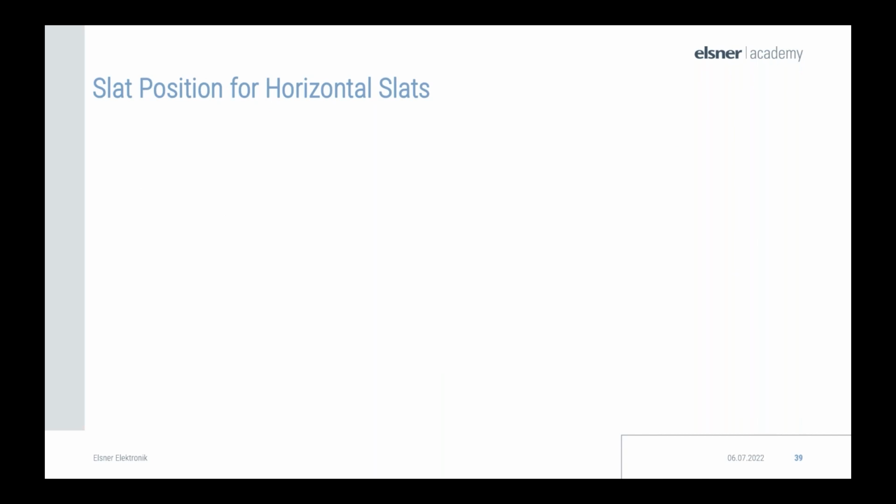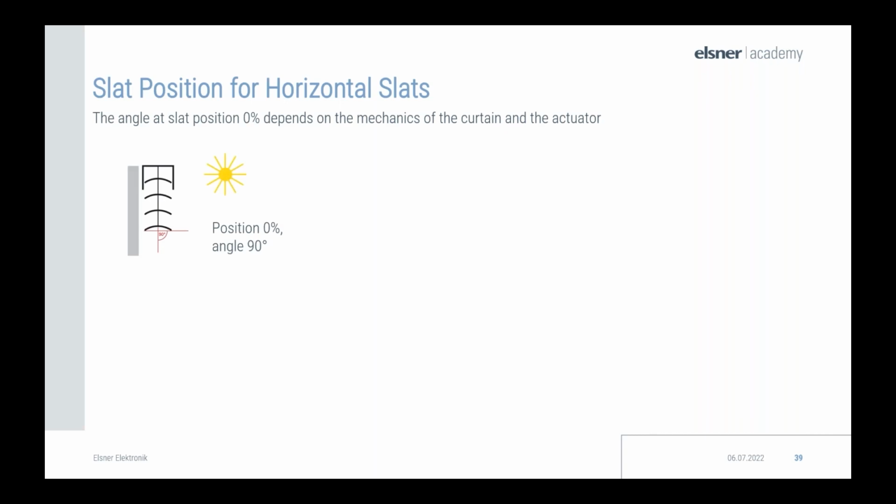So let's go into a bit more detail on the horizontal slats. The possible angle at slat position 0 depends on the mechanics of the shutter and the actuator. Shades that do not fold inward are shown in the picture on the left. In the first picture, we see an angle of 90 degrees with a slat position of 0%. In the second picture, we see an angle of 10% with a slat position of 100%.